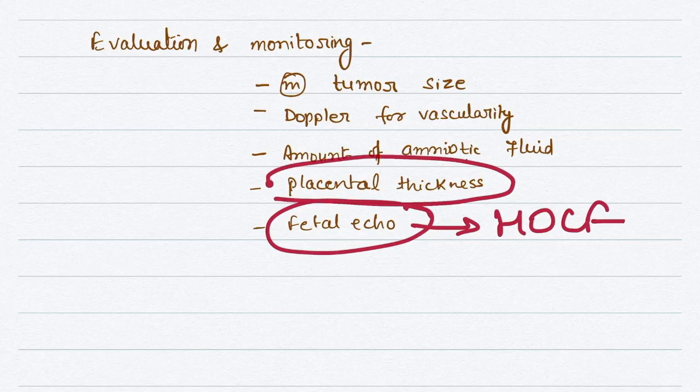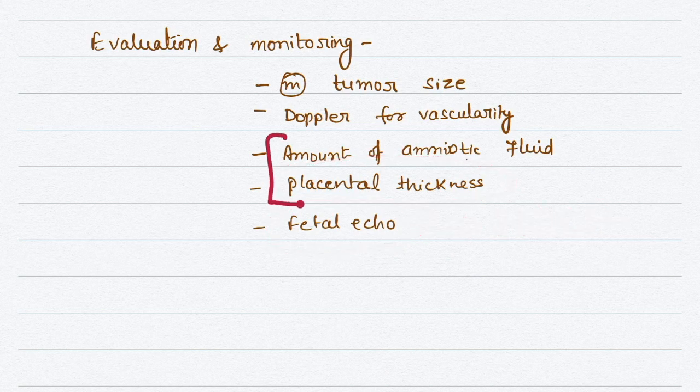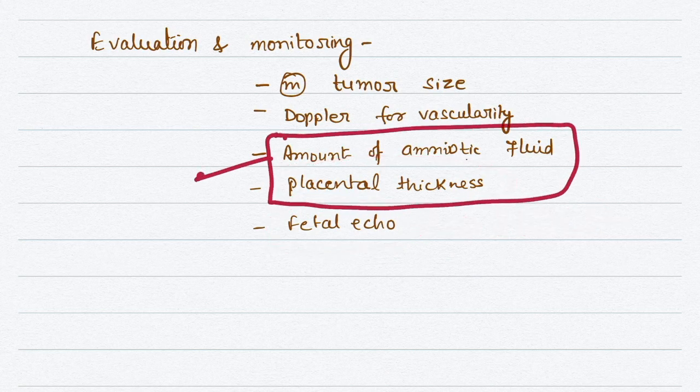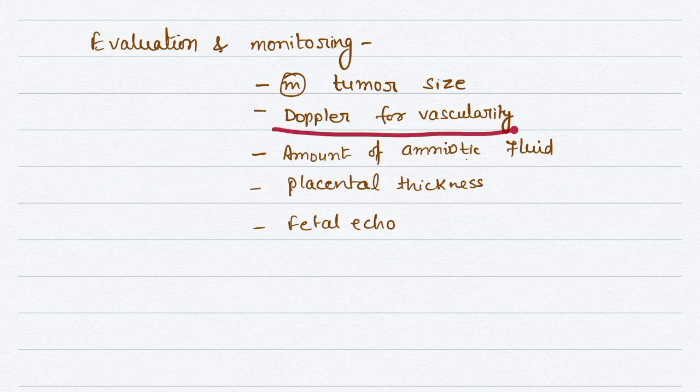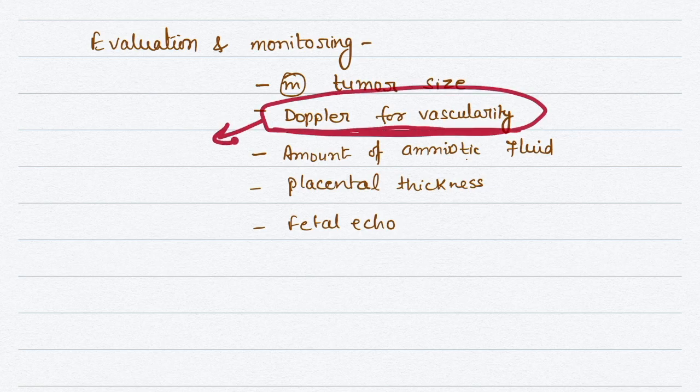If there is polyhydramnios with increased placental thickness, it is a sign of hydrops. Doppler showing increased vascularity again favors more malignant potential, and a highly solid tumor has increased chances of HOCF.